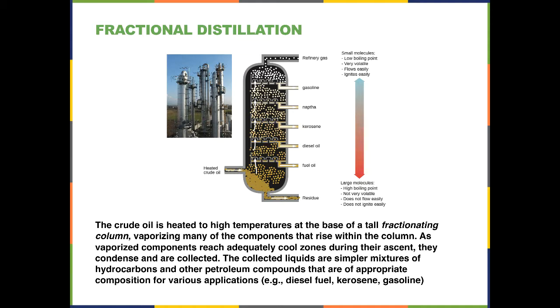Now, because you can't have 55,000 different columns all over the place, they've been able to use differential boiling points in order to stack one on top of another. At each level higher is a higher boiling point.